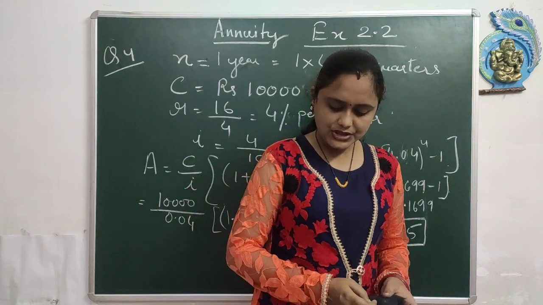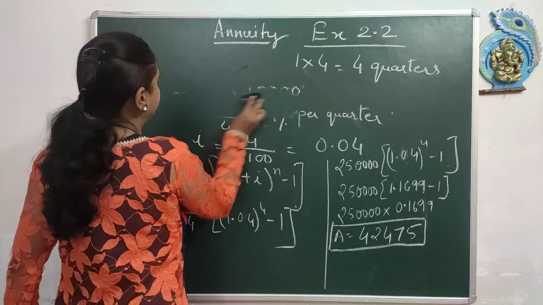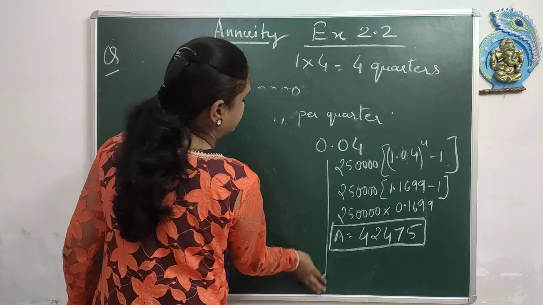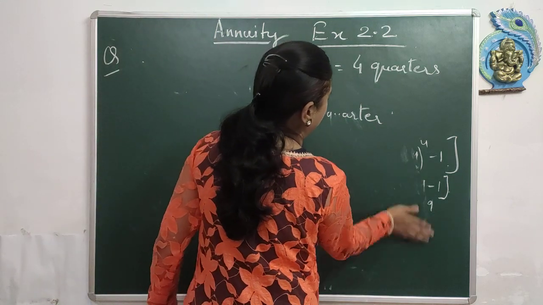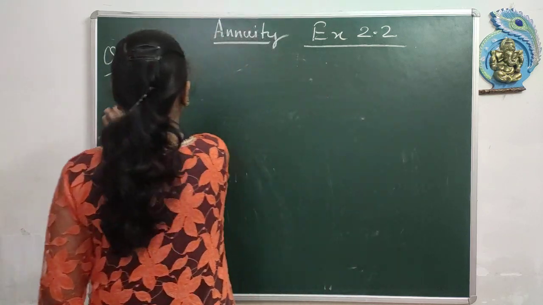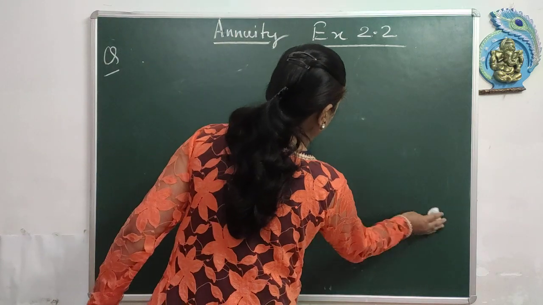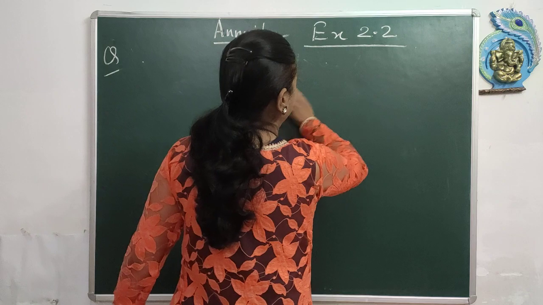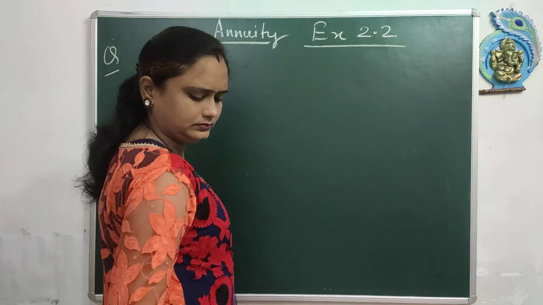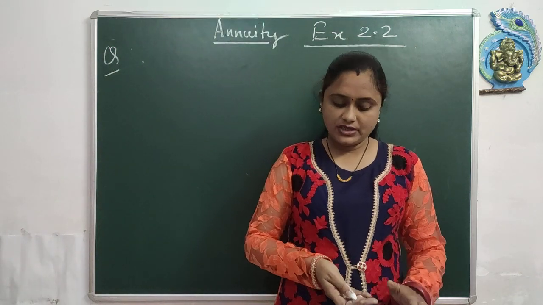So now moving to question number 5. What is given in question number 5?